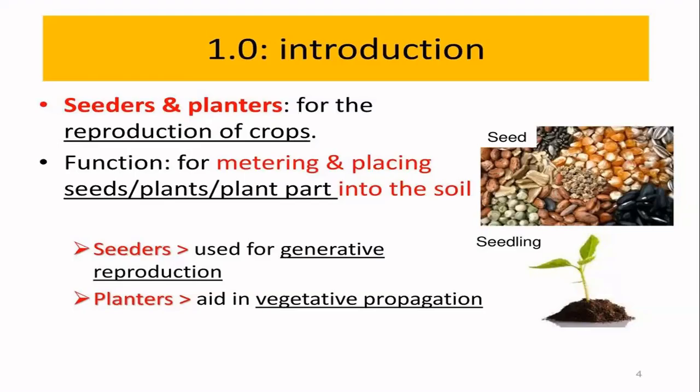So 2 seeds fall down the hole. Then the next seed will be placed 5 meter apart, or 10 meter apart, or 15 meter apart. It's called metering. Metering means placing the seed in a proper place with 1 or 2. So placing is putting the seed inside the hole, in the proper place.